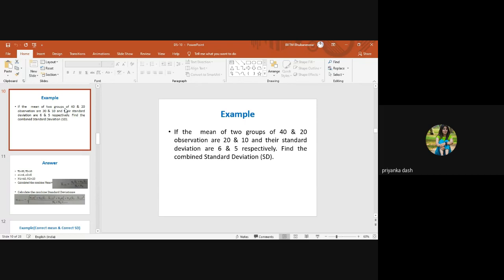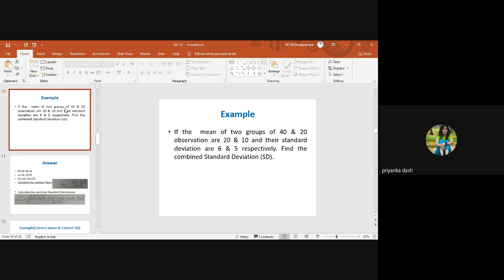The means are 20 and 10, given for the first and second series. Their respective standard deviations are also given in sequence, that is, sigma 1 equals 6, sigma 2 equals 5. Next step is to calculate the combined mean.